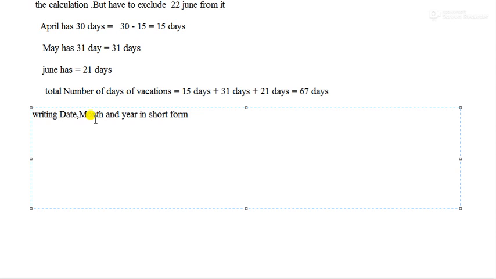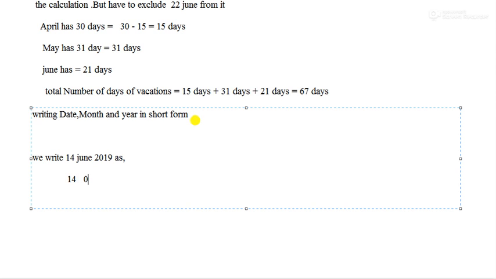Here, writing date, month and year in short form. We write 14 June 2019 as, so write the date here, 14.